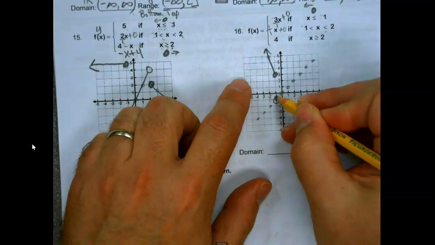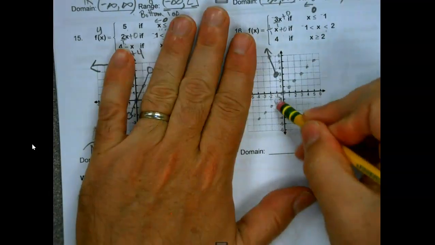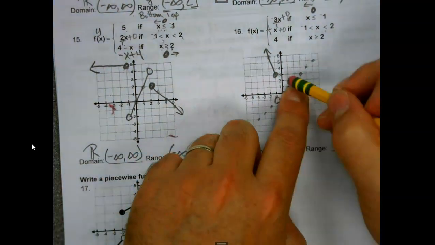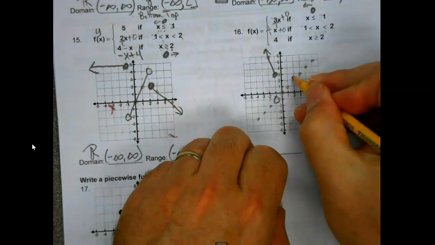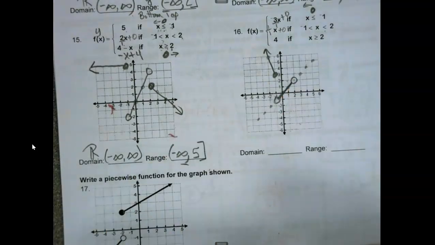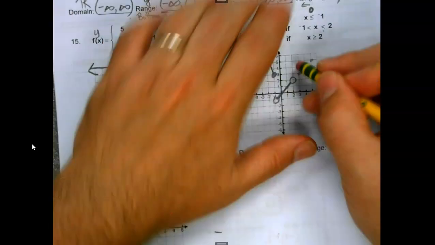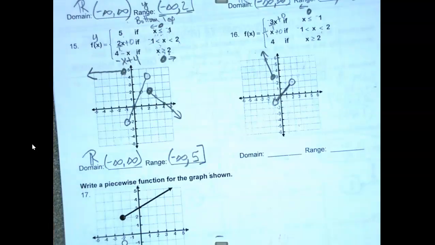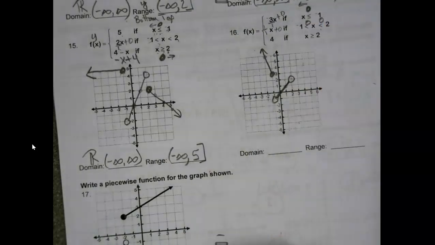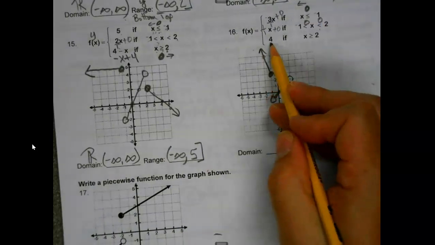So at -1, erase that and make it better. -1 and x equals 2, right there. In between. Open, open.